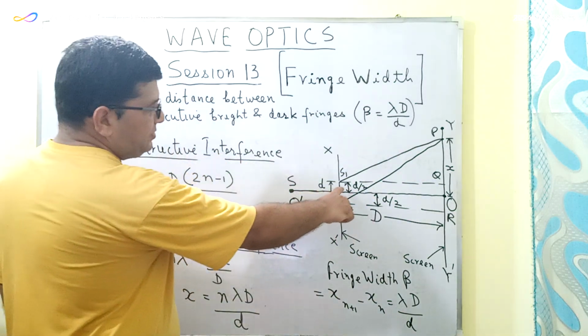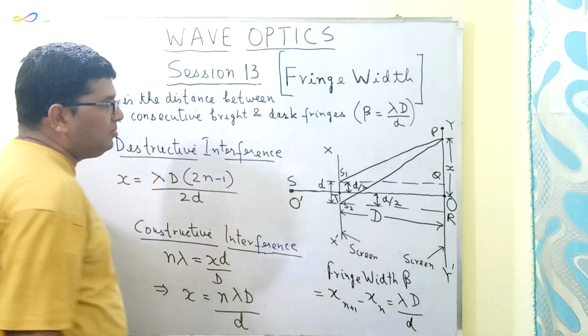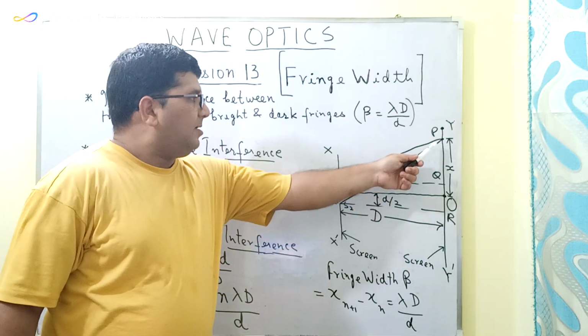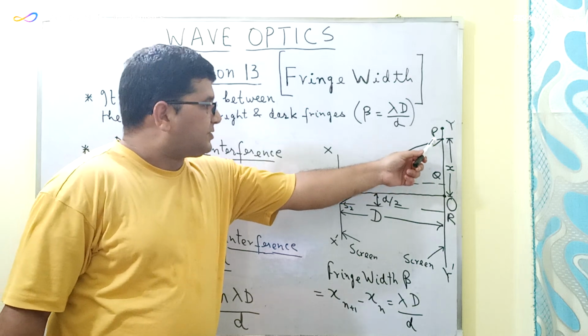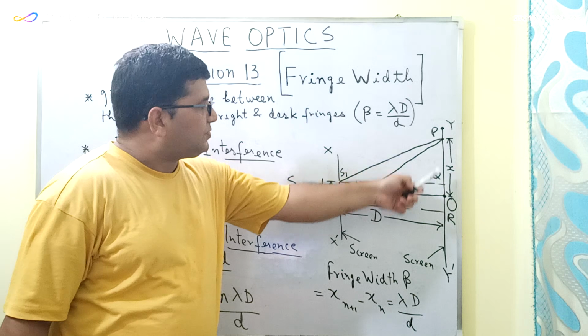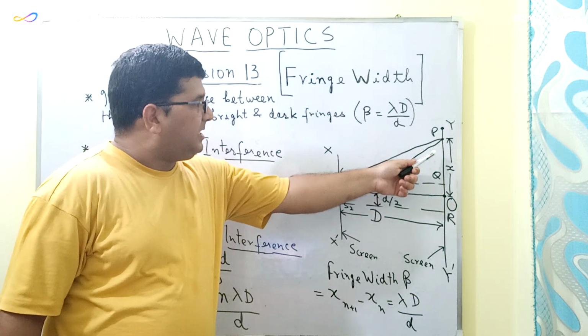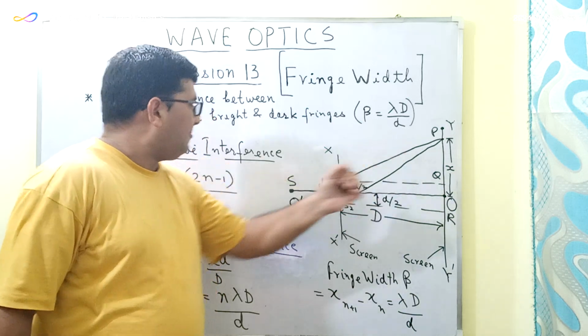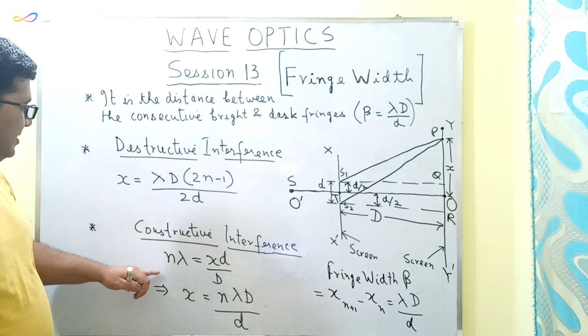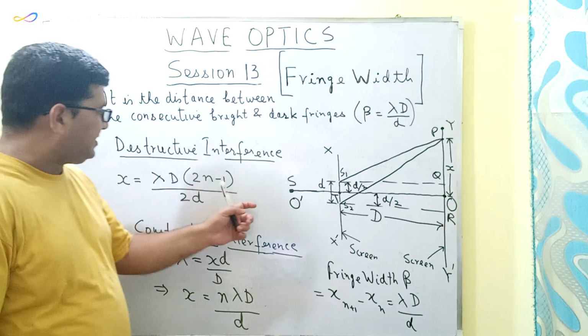The light waves emanating from these two pinholes will form constructive or destructive interference at any randomly chosen point P, and the conditions for destructive and constructive interference are written here on this board.